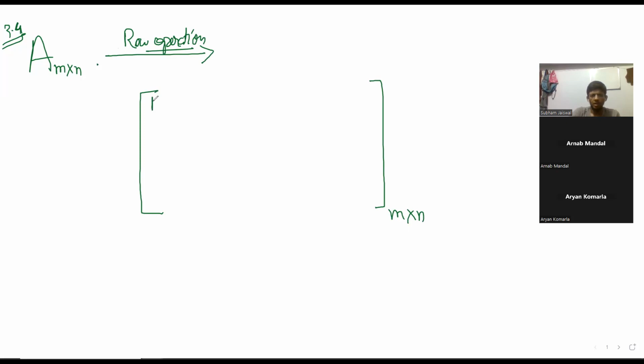Then you can write it in this way, which is called a row reduced echelon form. If you don't know how to do this, then consult some books and discuss this later. And this is like an example. I can give you the general definition.